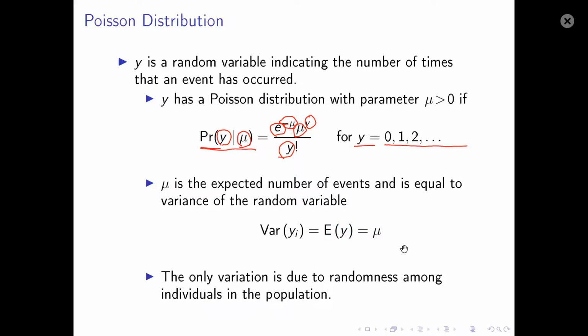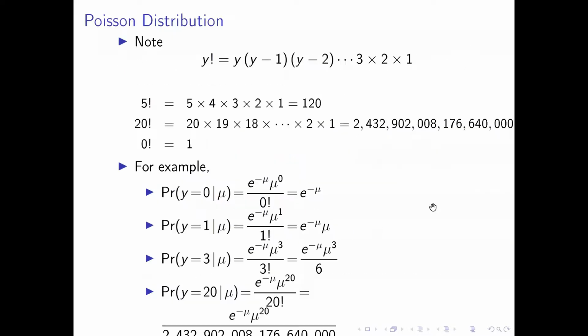And the only variation is due to randomness among individuals in the population. So here is a quick explanation of that factorial.